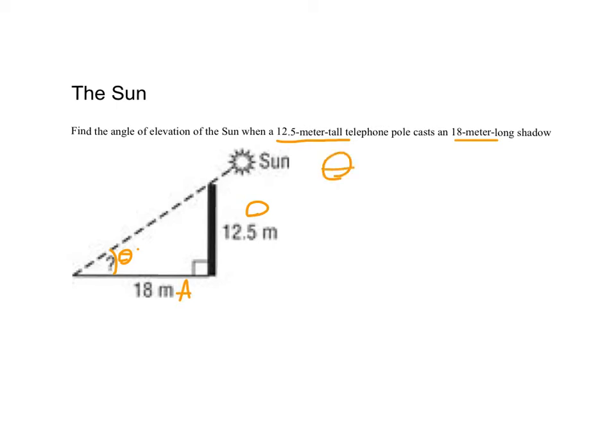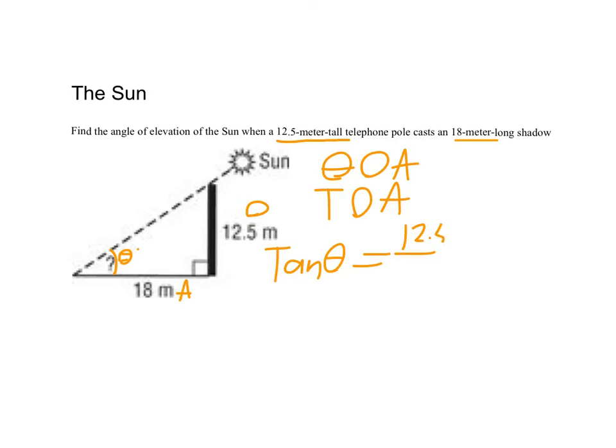This is going to be another tangent situation, or another TOA situation, such that the tangent of theta is equal to my opposite side of 12.5 divided by my adjacent side of 18 meters.